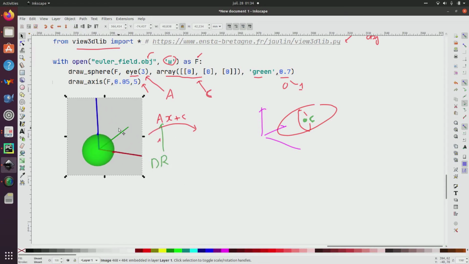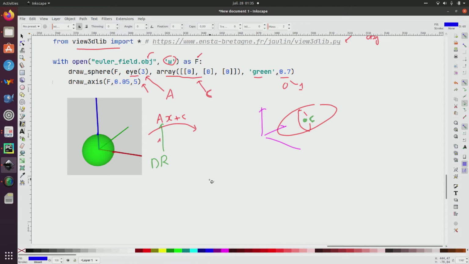And now I have to find the matrix A and the vector C to have the right ellipsoid. So what I want in my problem is for the kinetic energy to be equal to E0, which is equal to 10 joules.